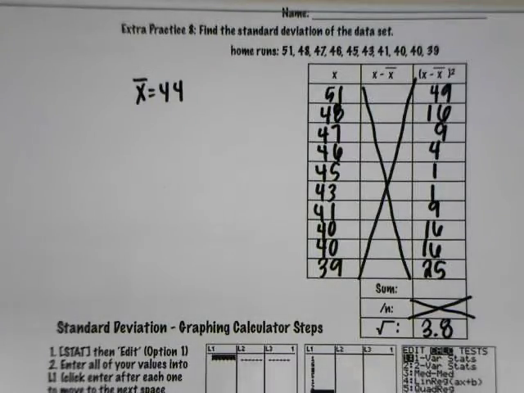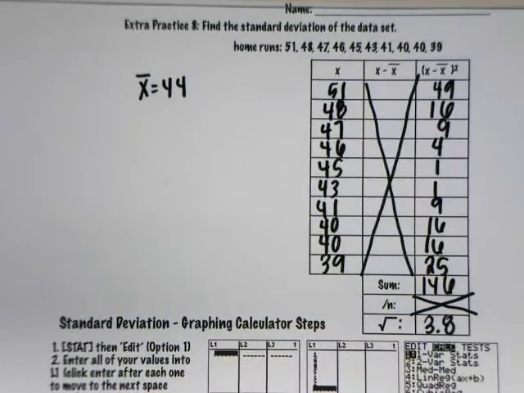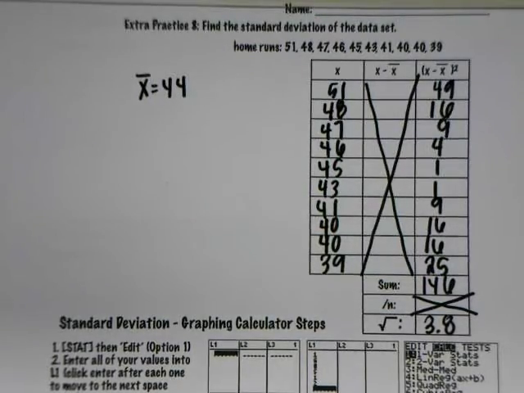Yeah? Okay. Divided by how many there are, which is 10? Yeah? And then the square root of that? Yeah. Okay. Cool. Good? All right.